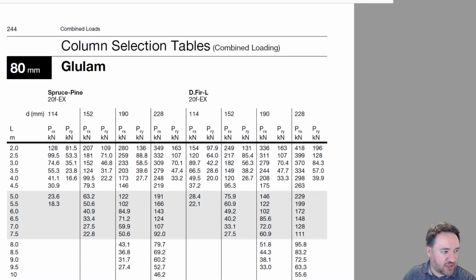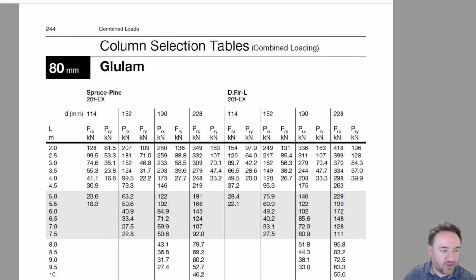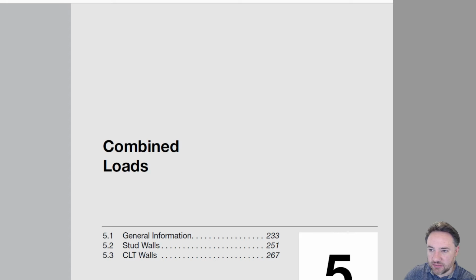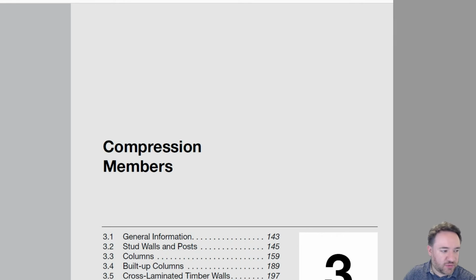Now, this is not the regular selection table. The regular selection table for compression we find in the section, let me see, which one is compression? Usually we come to this compression members one if we want to check column size, right?